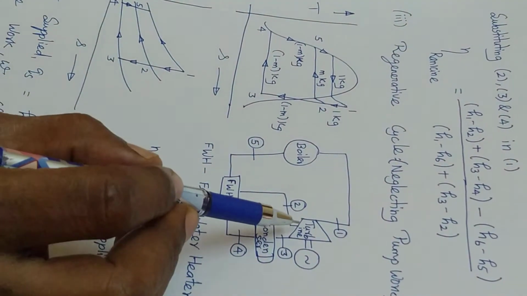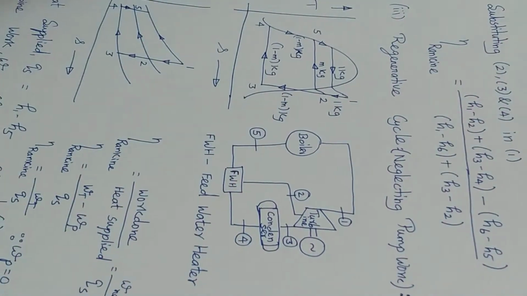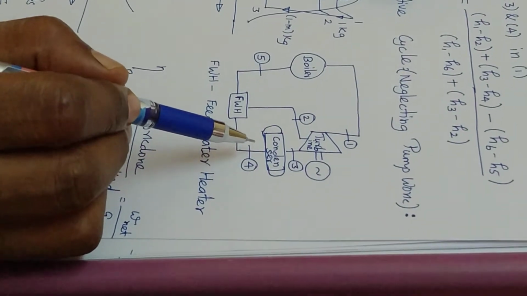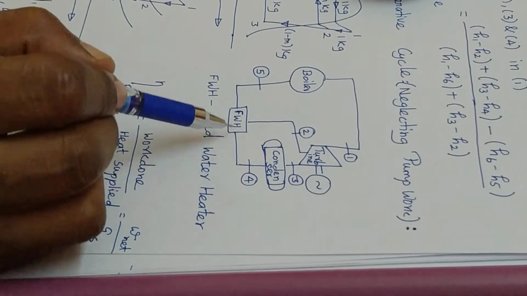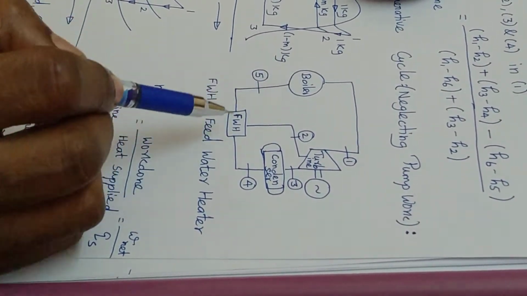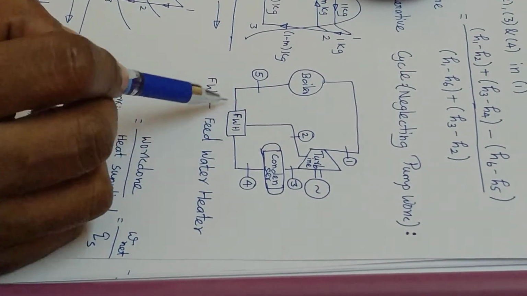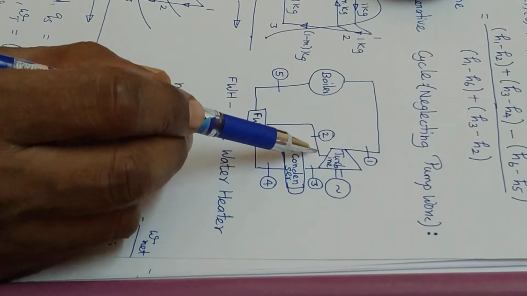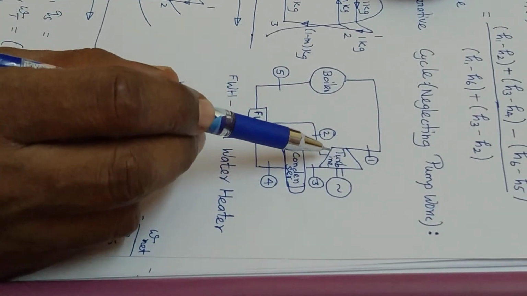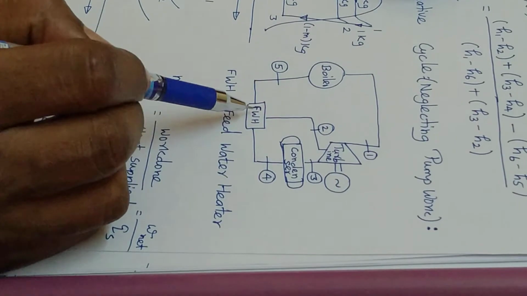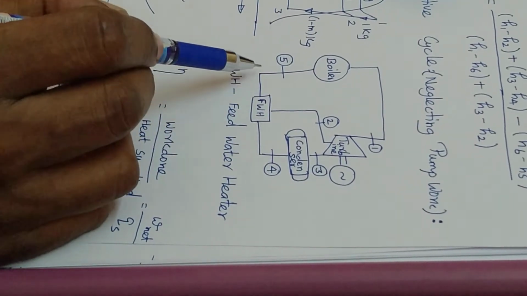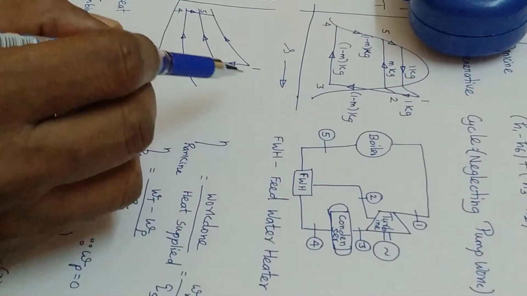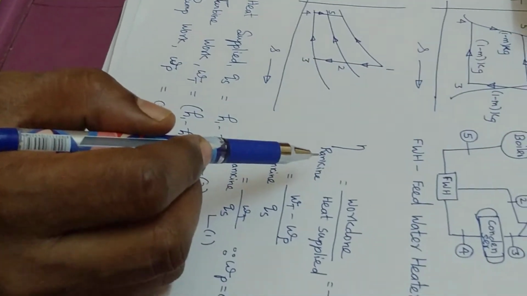So the exhaust steam from the turbine goes to the condenser, where it is converted into a condensate. This condensate is supplied to the boiler. Before it is supplied, we heat the feed water, but the heat source is the steam itself from the turbine. So some amount of steam from the turbine is taken for heating this condensate, and then it is supplied to the boiler, by which we are increasing the efficiency of the Rankine cycle.